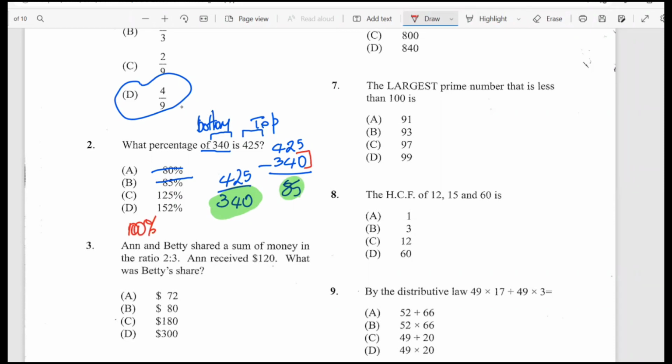So what we're left with is 85 over 340. And we want to know whether this is more than 50% or less than 50. You would pick that, because this is a multiple choice exam where we are certain that this is incorrect, that is incorrect. So it's either C or D.